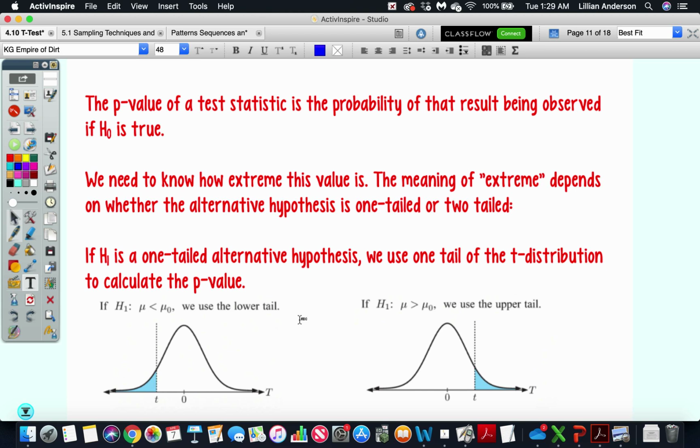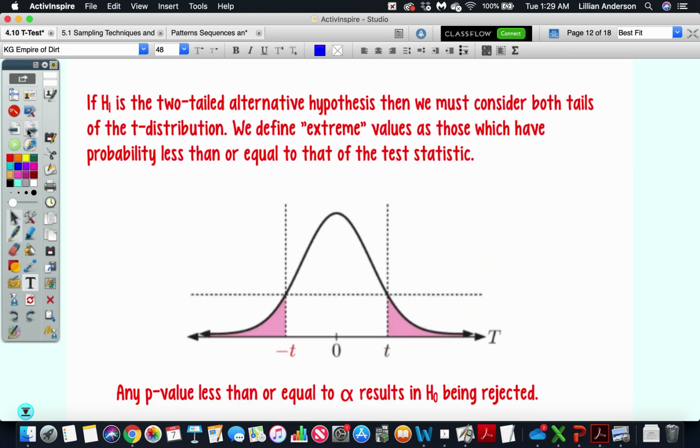You have a one-tailed test whether mu is less than the value or mu is greater than the value. If it's a two-tailed test, that means we're looking on both sides of the graph, equally separated. If the alternative hypothesis is a two-tailed test, then we must consider both tails. We define extreme values as those which have probability less than or equal to that of this test statistic.